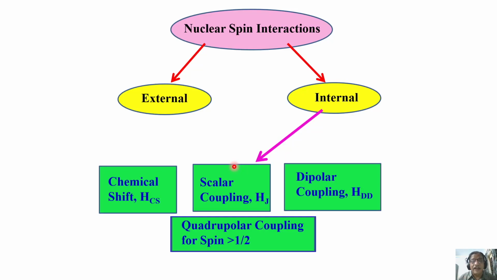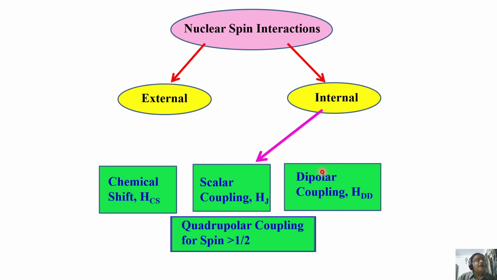That is another type of interaction between the nuclear spins through space called dipolar coupling, dipolar interaction. And this is orientation dependent. Remember, this depends upon the orientation. We'll discuss more when we go to coupling interactions.